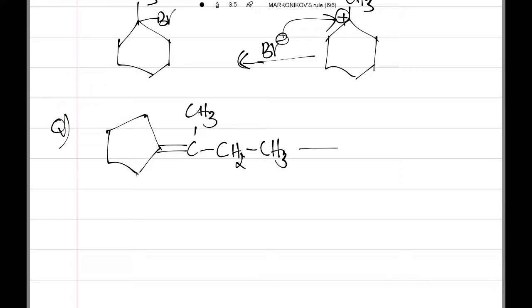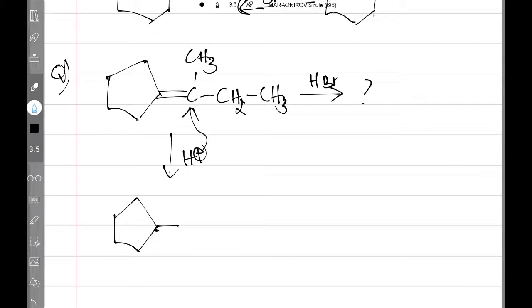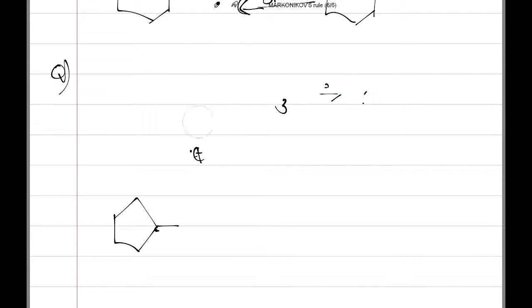If this undergoes reaction with HBr, what is the product of the reaction? Very first, H plus is attached to this carbon. I think I made some mistake here while taking this double bond. Sorry for this.